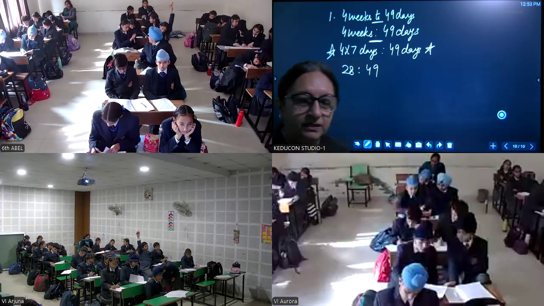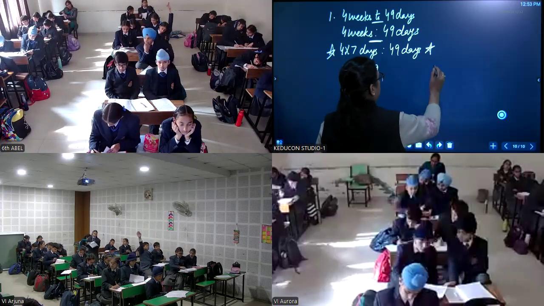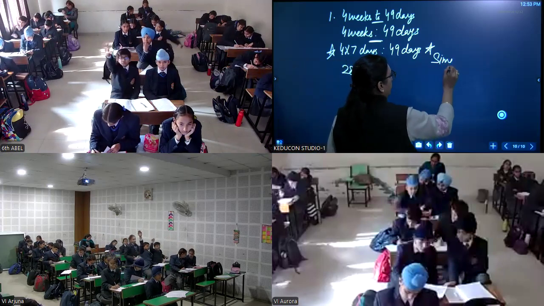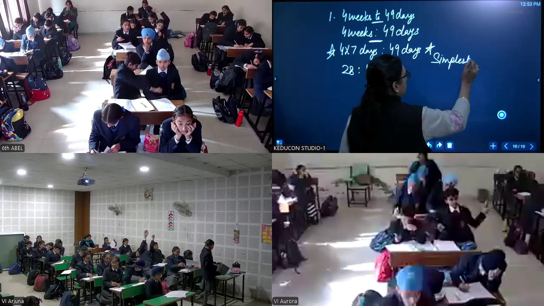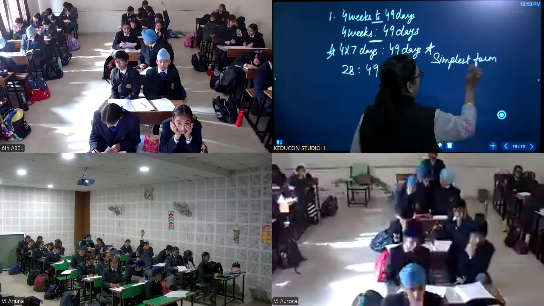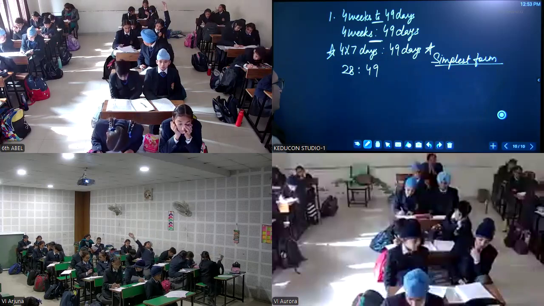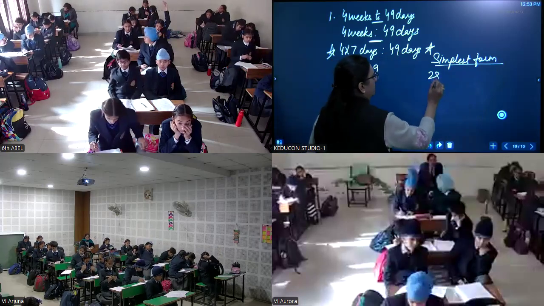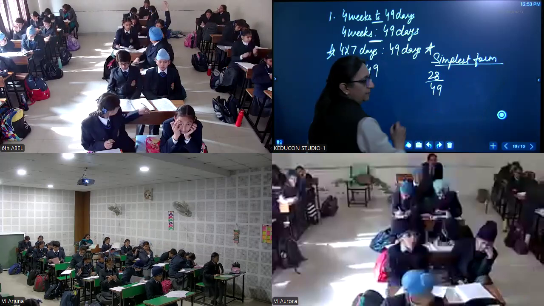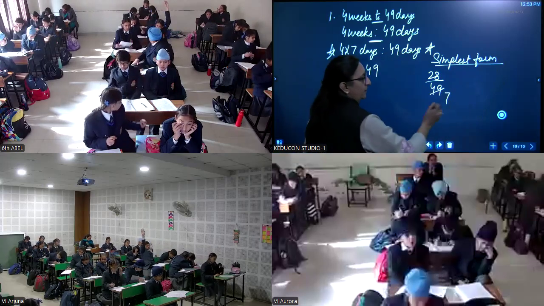Now they are asking for the simplest form. You know simplest form you have done in fraction also. Simplest form, standard form, lowest form. That you do by fraction only. That is 28 upon 49. Just cut them. 7 sevens are 49.